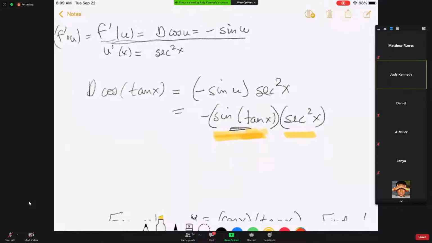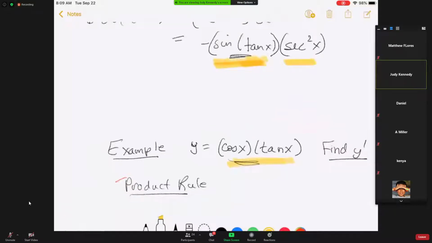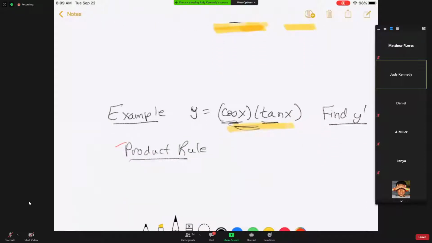And then let's do the second one. In the second function, we have the product of two functions, the product of the cosine of x with the tangent of x. So the product rule says, if you want the derivative of F times G, that's the derivative of the first times the second plus the first times the derivative of the second.